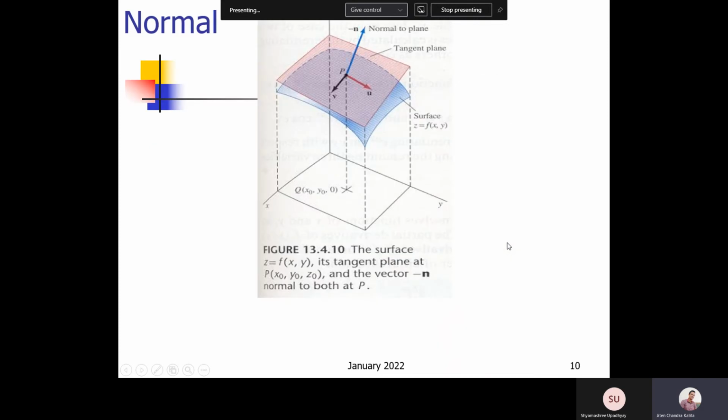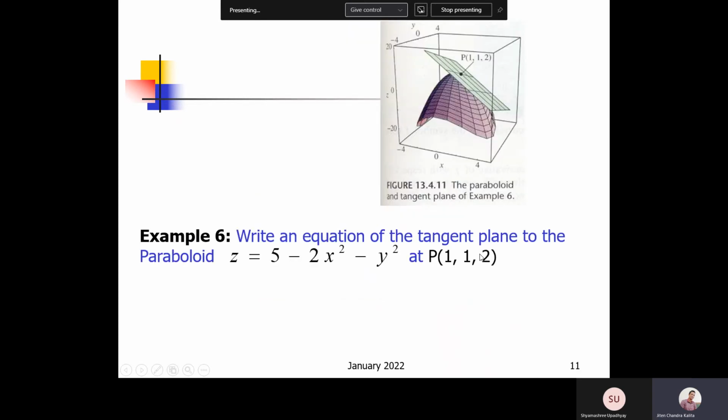Okay, so I'll do an exercise. This normal, I will come back to later on. But firstly, let us try to do this exercise.